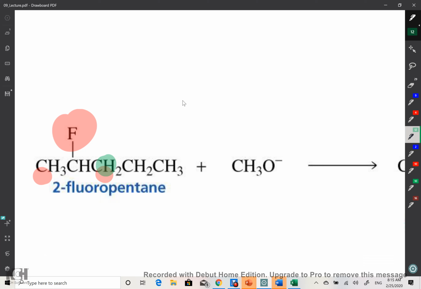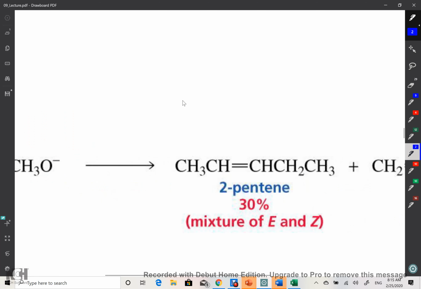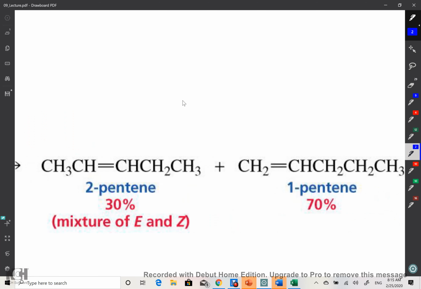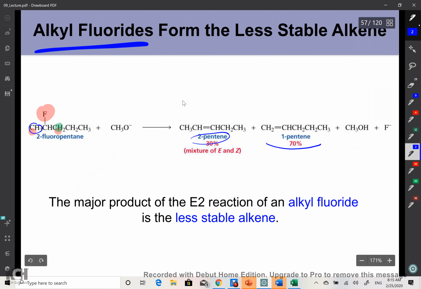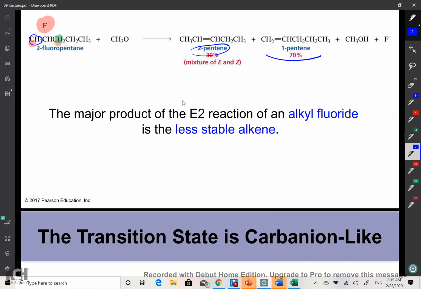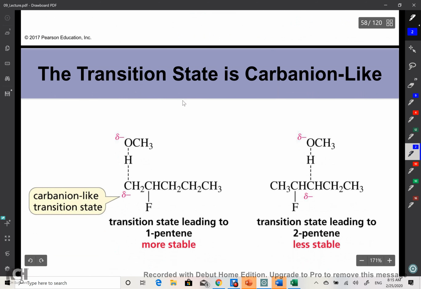But it turned out that with the chemistry of the fluoride, it is instead the hydrogen leading to the less stable alkene that is removed. And that's what we have here: 1-pentene as the major product and 2-pentene as the minor product. That's an exception to the rule, okay?